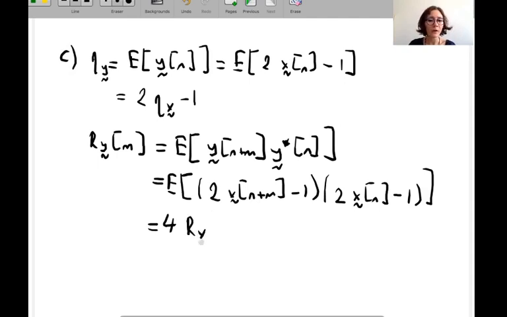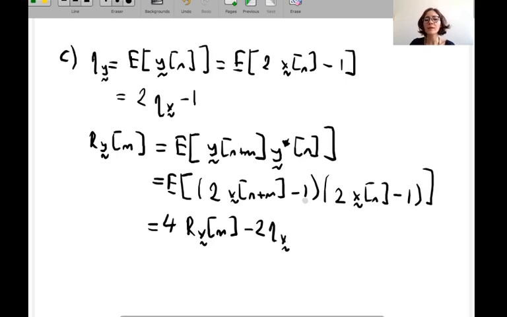So for our x of m. And the next term, 2x of n plus m times minus 1. So you have a minus 2 factor times the expectation of this, right? Expectation of x of n plus m. But since x has a constant mean, this is also equal to eta x.